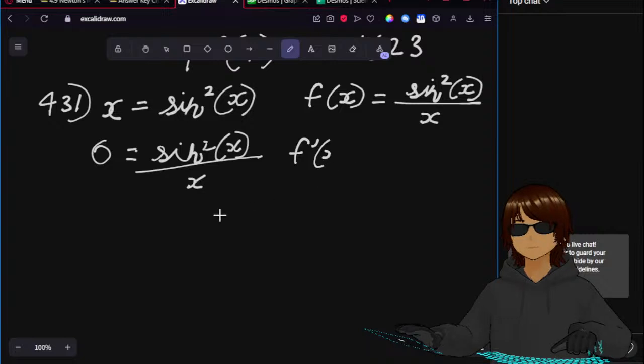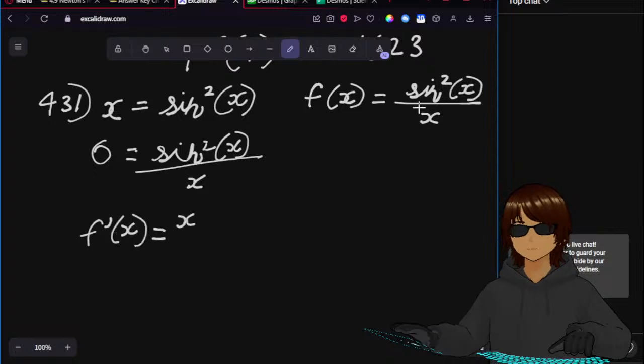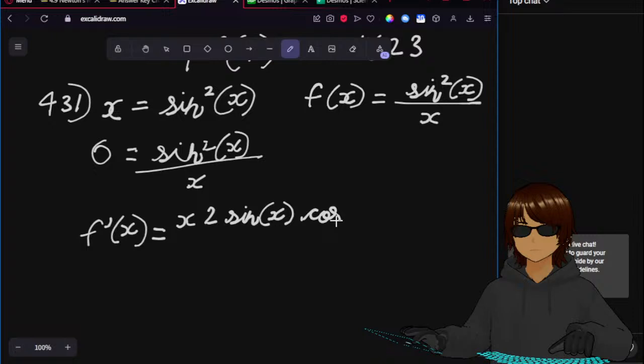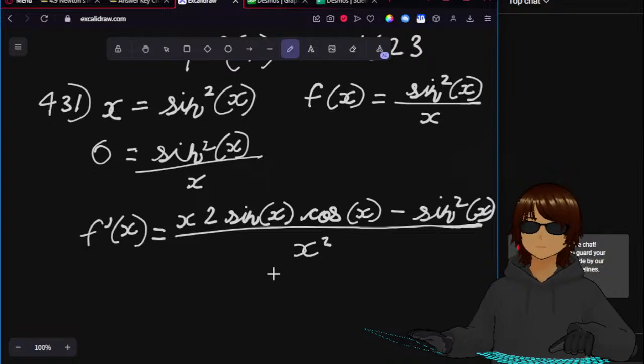Derivative is low d high minus high d low upon bottom squared. Hold on.